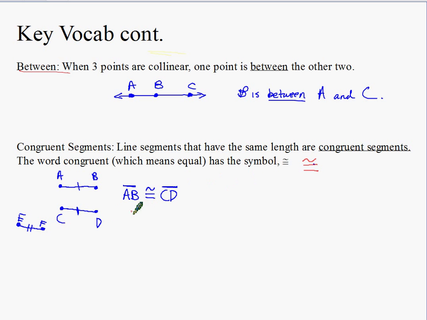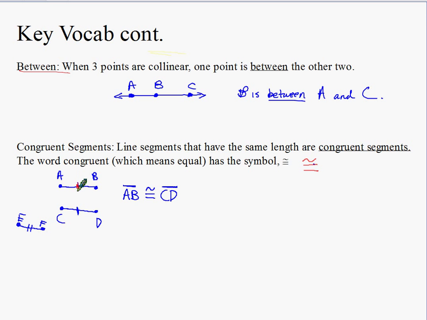So in a diagram, here's line segment AB, here's line segment CD, and here's line segment EF. I have 3 line segments, and in a picture, in order to tell that AB and CD have the same length, we put dashes.